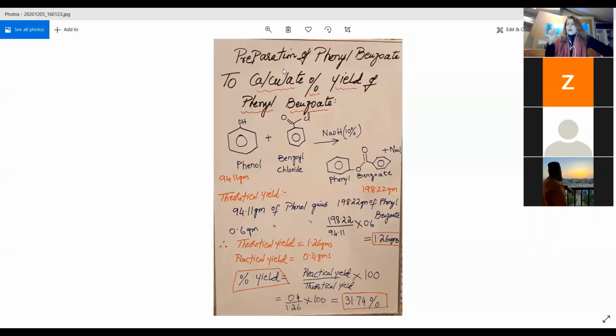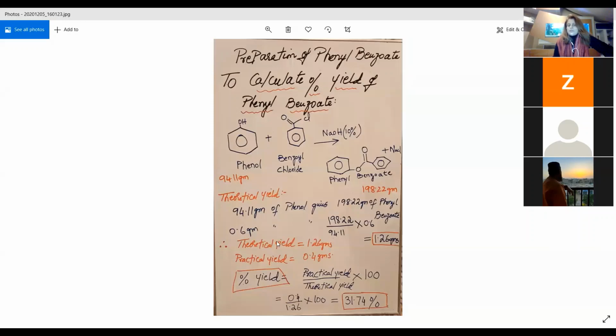So now, when you are asked to calculate the percentage yield, you need to know, number one, the theoretical yield. Number two, the practical yield. For example here, just to assume, I wrote 0.4 grams. You can see here, this is the practical yield, and I wrote 0.4 grams here.